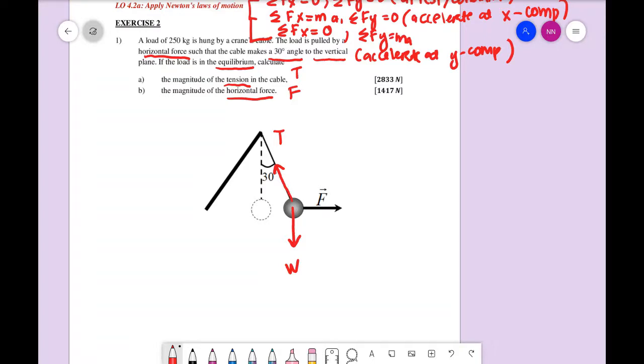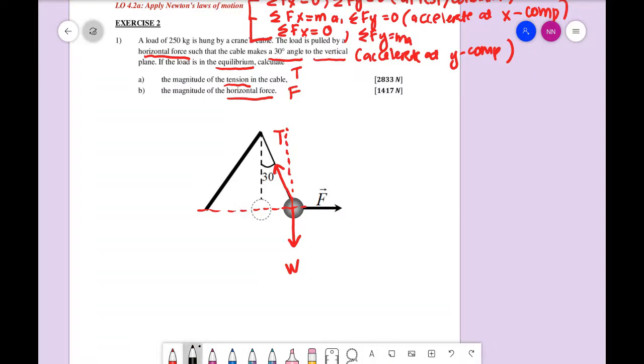So we have weight at y component and F at x component, and then T is tilted. So we can resolve T into x component and y component.